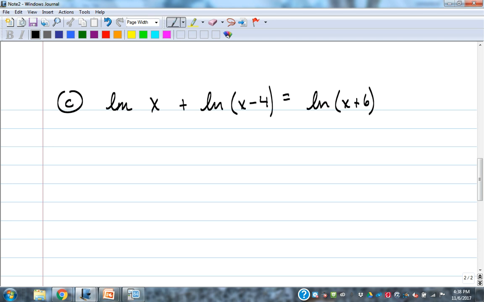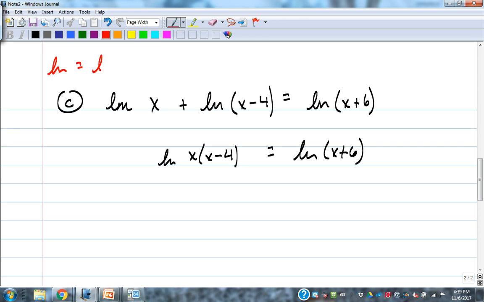How could we condense that left side into one log? Multiplication. So it's natural log of x times x minus 4, and the other side is natural log of x plus 6. Now the logs are the same. What do I do to get rid of a natural log?